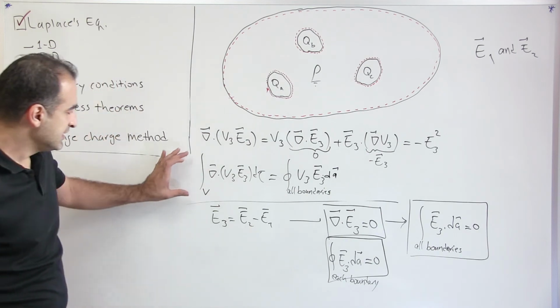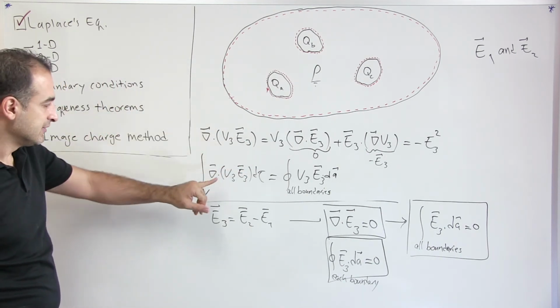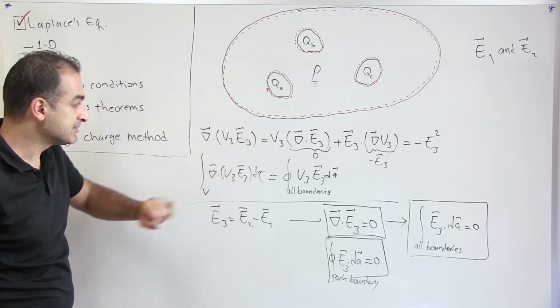So this integrand is exactly what we had on the top, the divergence of V3 times E3.